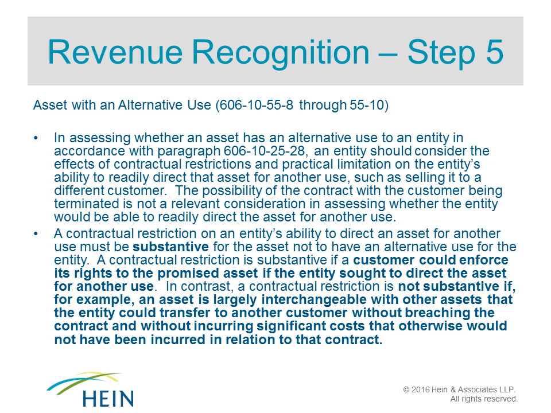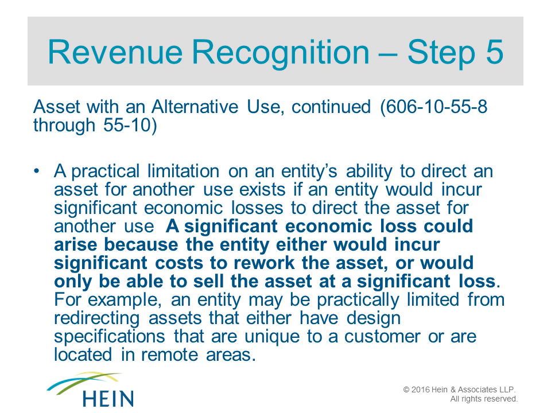In contrast, a contractual restriction is not substantive if, for example, an asset is largely interchangeable with other assets that the entity could transfer to another customer without breaching the contract and without incurring significant costs that otherwise would not have been incurred in relation to that contract. We're going to go into that a little bit deeper on the following slides, but that's really how we're looking at the asset with alternative use.